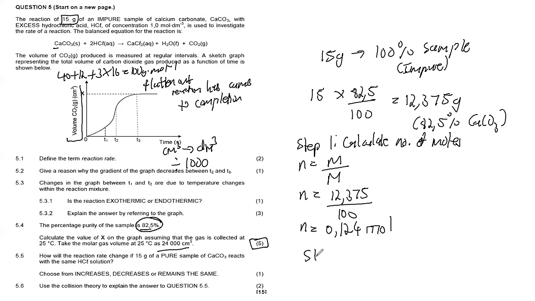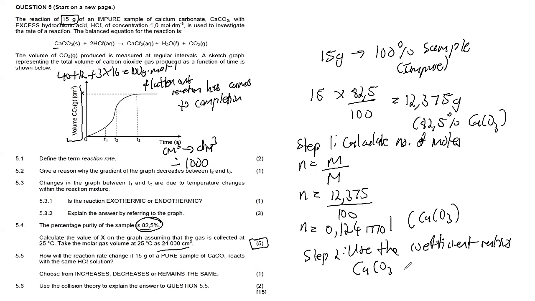And then step 2, this is where you use the coefficient ratios. Why are we using the coefficient ratios? It's mainly because we are not looking for the number of moles of calcium carbonate, but we are trying to reach the information for carbon dioxide. So we compare the ratios so that we get to that.